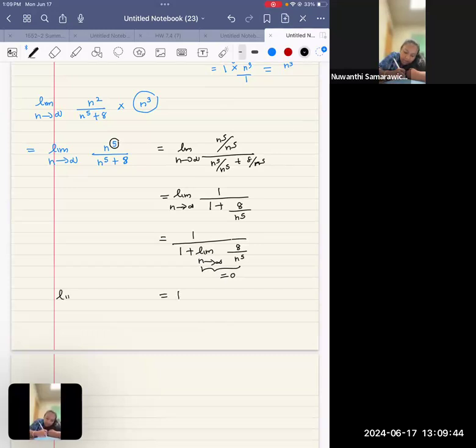So the limit as n approaches infinity of a sub n over b sub n is equal to a positive, finite number. Then we can use the limit comparison test.